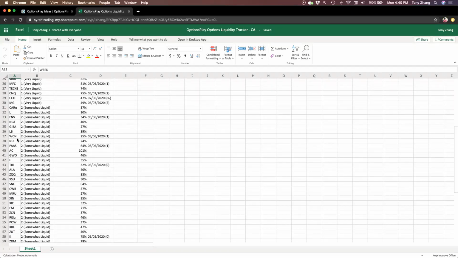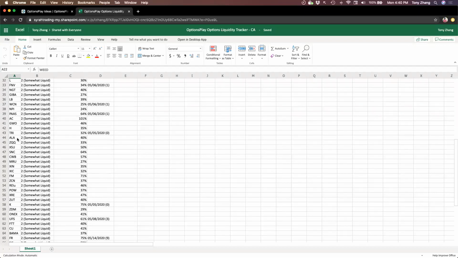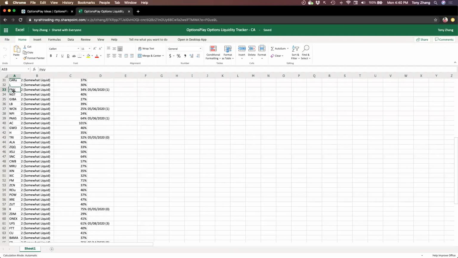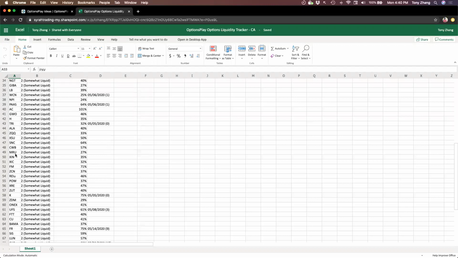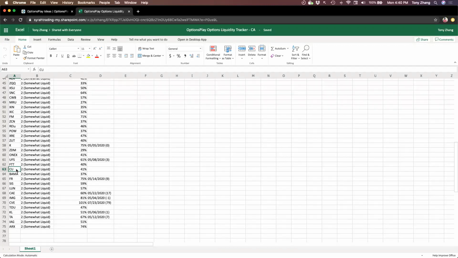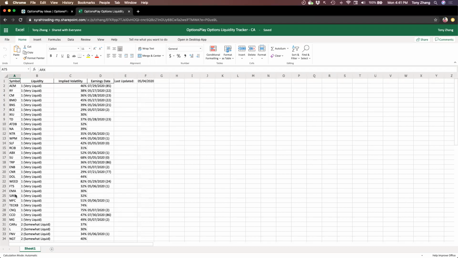And then you have what I would consider somewhat liquid names, where you start getting into some of the smaller cap names like Thomson Reuters, Franco-Nevada, the mining stock. In total, I see about 74 what I would consider liquid symbols that I would trade here in Canada.